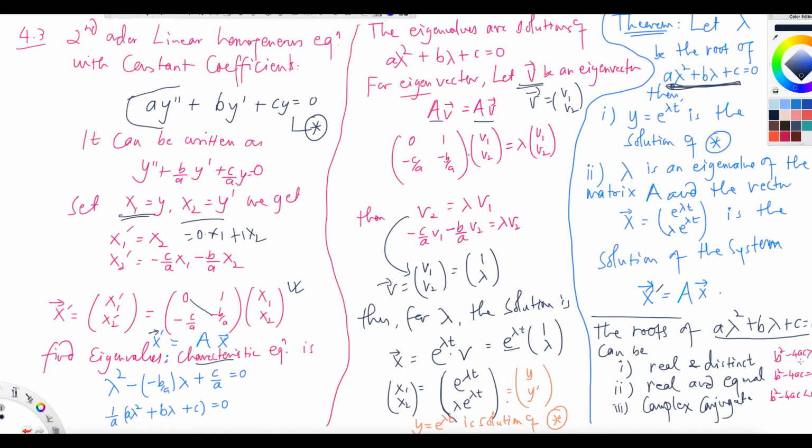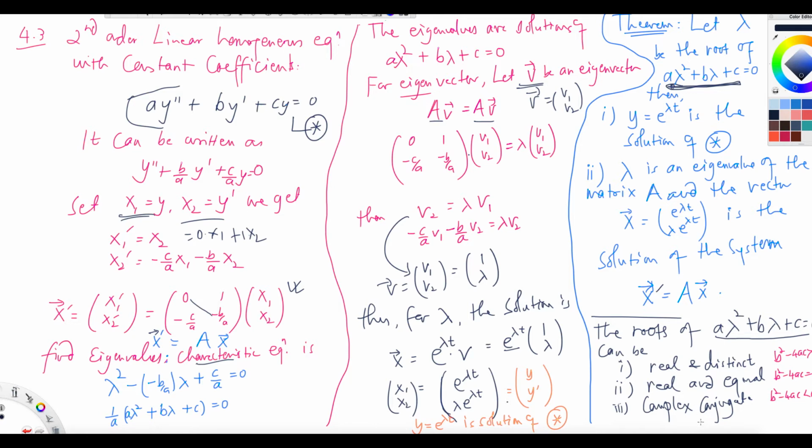If b square minus 4ac, the discriminant, is greater than 0, then you get two real and distinct, unequal values of lambda. If b square minus 4ac is 0, then you get real and equal roots. And if b square minus 4ac is less than 0, we get complex conjugates, so you will get two complex eigenvalues.